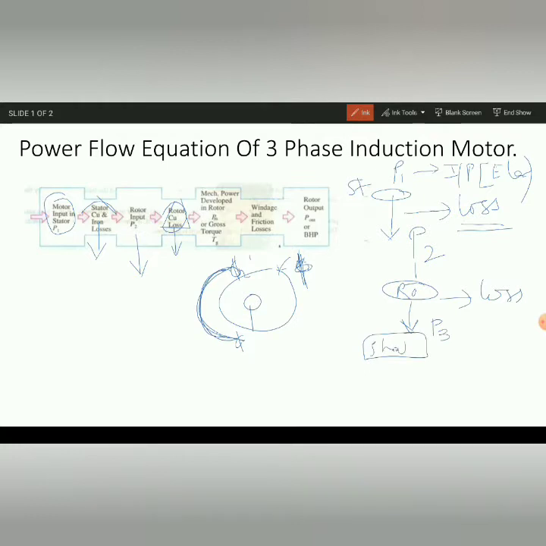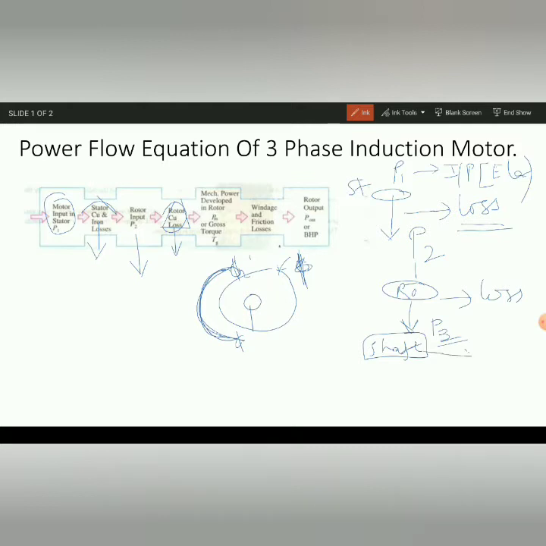What do we mean by shaft? The rotor is rotating, and if we want to rotate something else using that rotor, we have to connect it through the shaft. So the output load will be at the shaft. This P3 is the gross output at the rotor side.